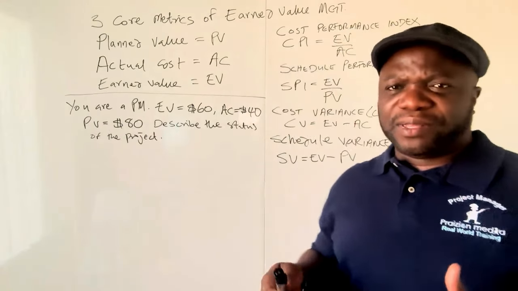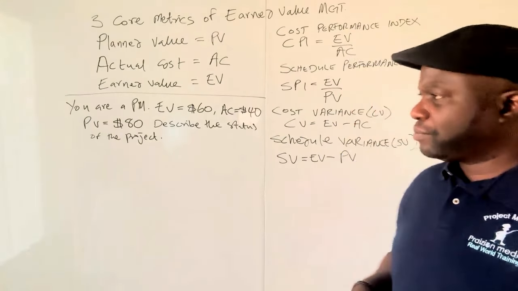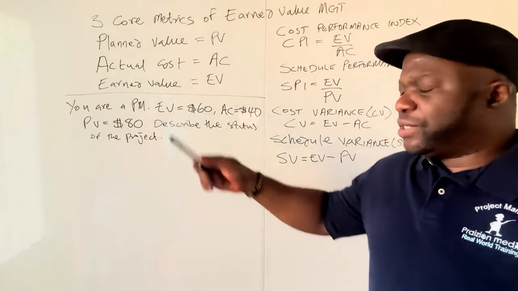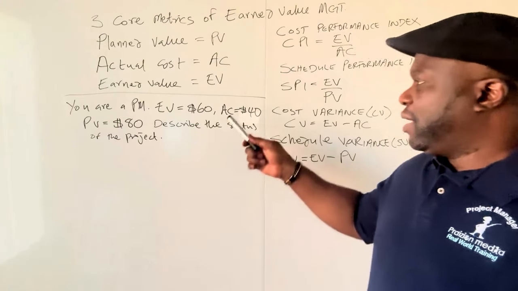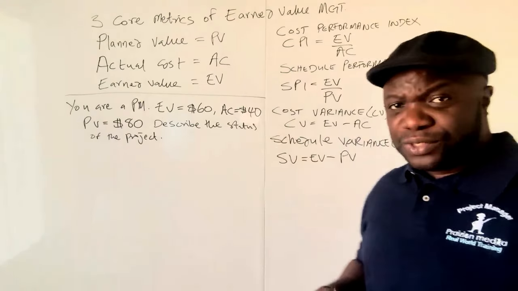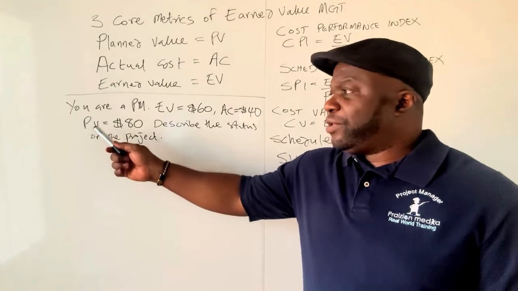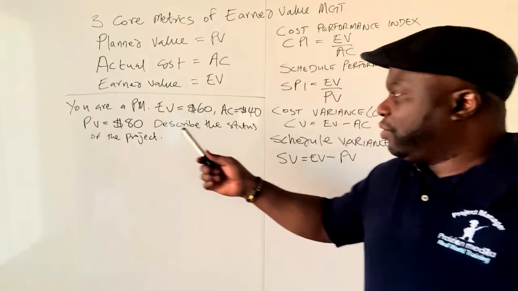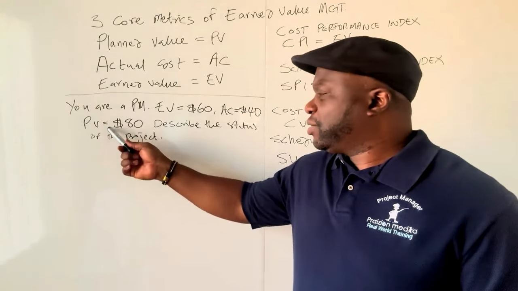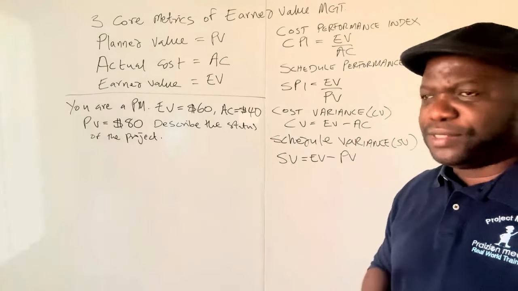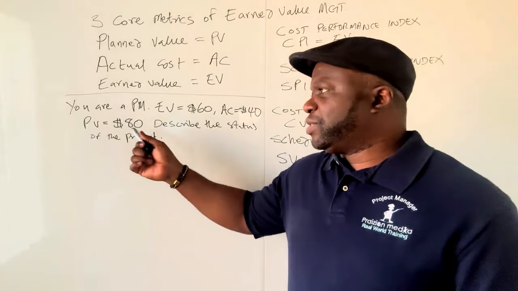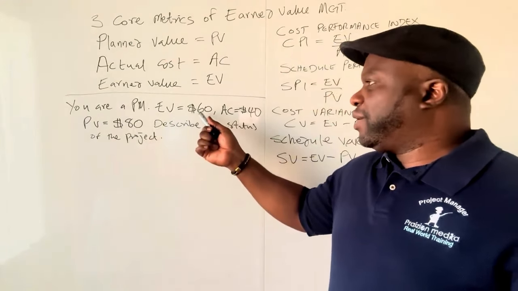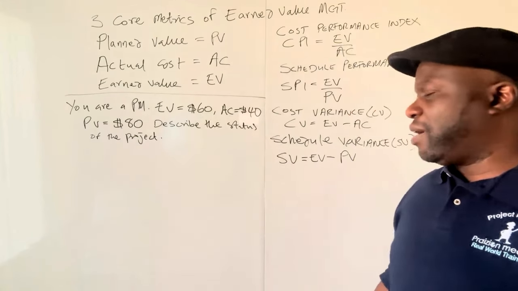So let's think about the meaning of all of this. Earned value is the work that you've accomplished. Actual cost is the money that you spent. Planned value is the work you planned to do. So when you think about it, you planned to do $80 worth of work within a time period. But when the time period was done, you only got $60 worth of work accomplished.